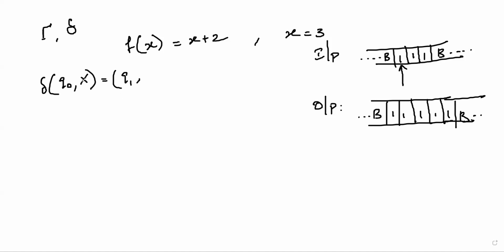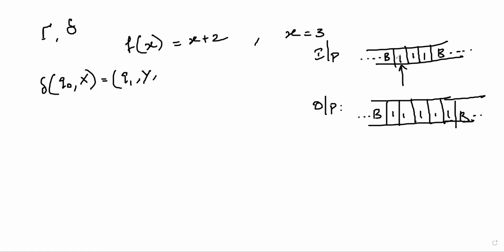This X is already available in the tape. If you want to change the symbol to a different symbol, that is also possible. Otherwise, you can use the same symbol. If I just want to read that symbol and move to the next state, you take the same symbol, as I don't want to change it. If I want to change the symbol, I can give it as Y also.